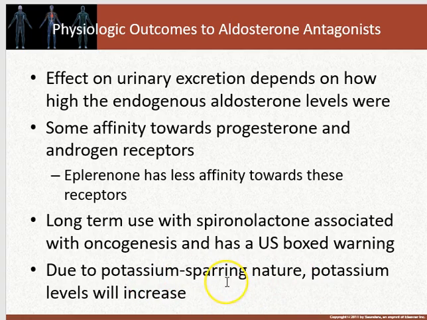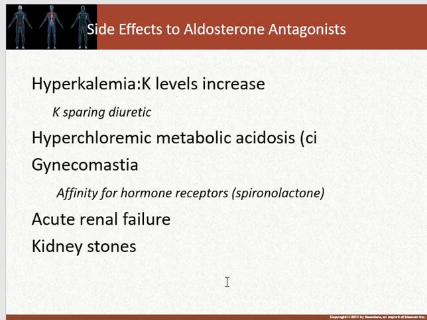Also, because of the potassium-sparing nature of this drug, potassium levels, of course, will increase, and so that's one thing to be aware of. The side effects: that potassium level increase may lead to hyperkalemia. Of course, remember these are potassium-sparing diuretics. We can produce a metabolic acidosis.